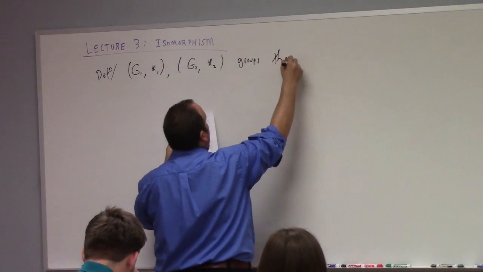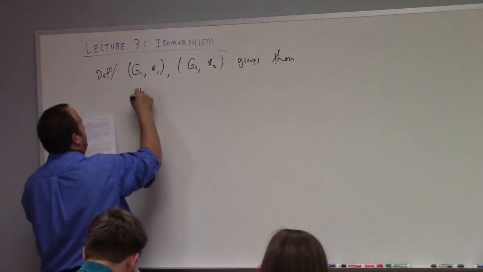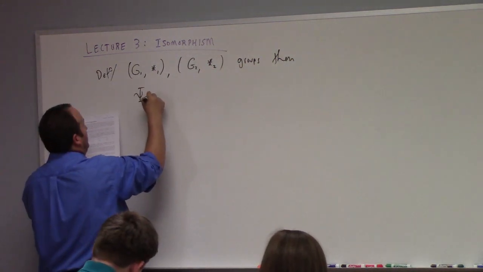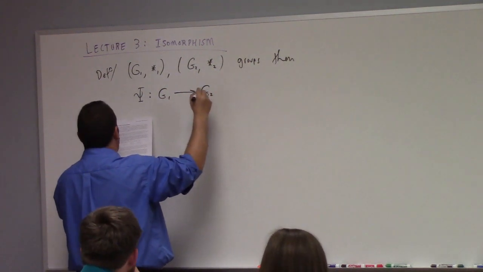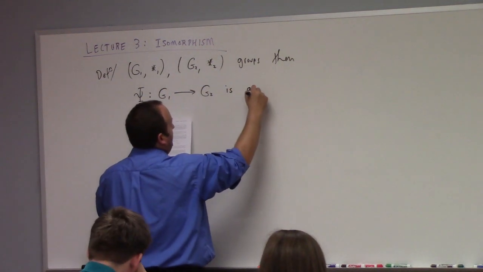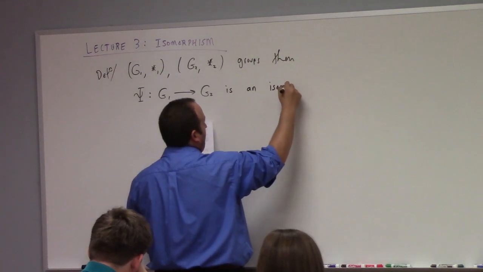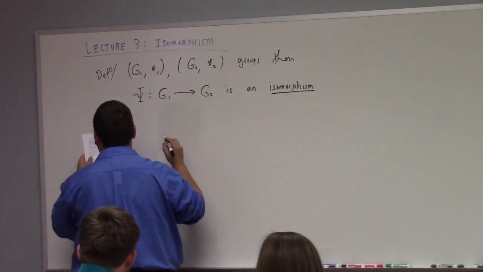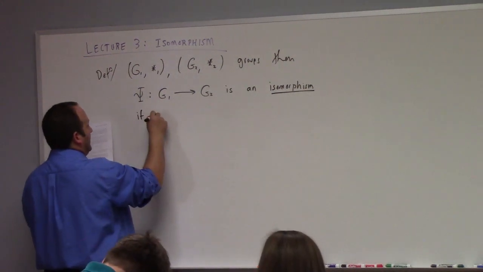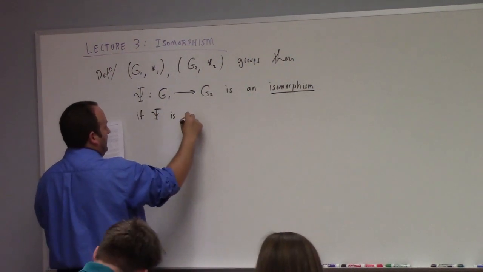Then psi from G1 to G2 is an isomorphism if psi is a bijection.